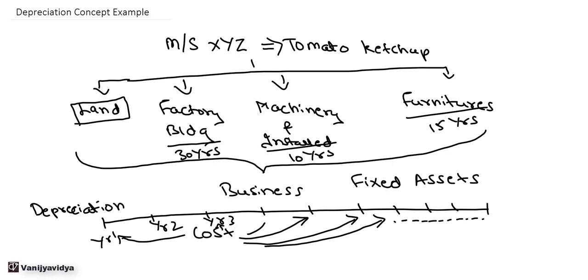So the cost of the factory building needs to be allocated systematically over 30 years, the machinery over 10 years, and the cost of furniture over 15 years. So to allocate the cost of an asset systematically over the period of its useful life is known as depreciation, and depreciation is charged on the fixed assets.